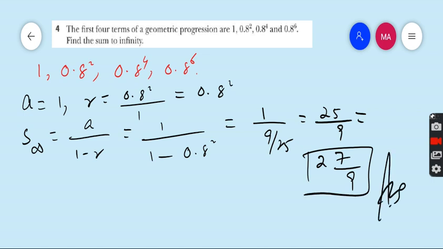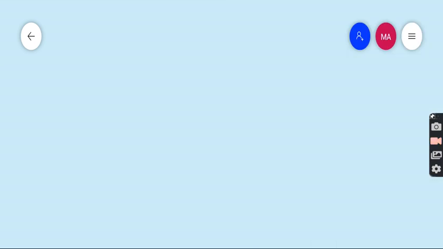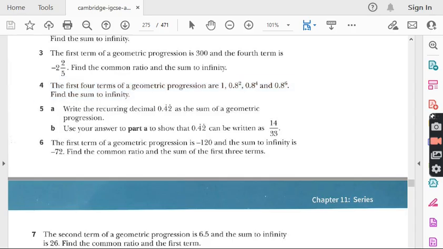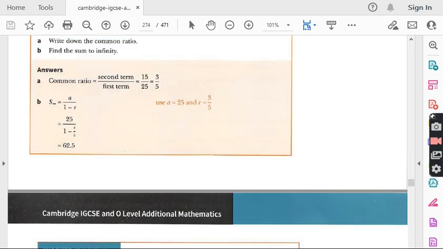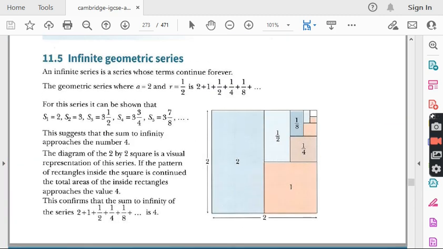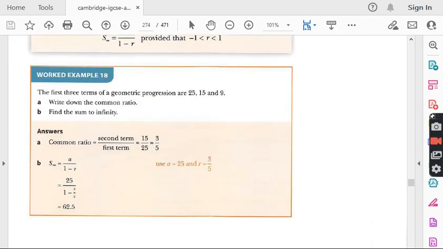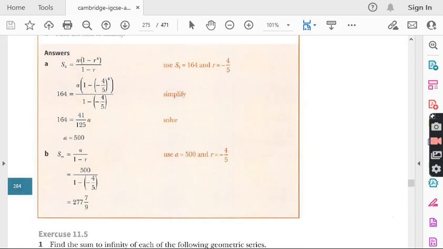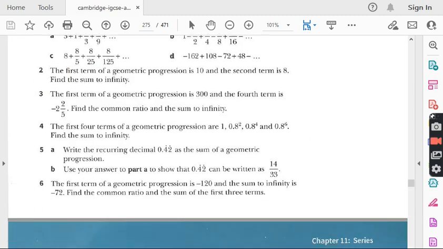Question number 4. Move to question number 5.